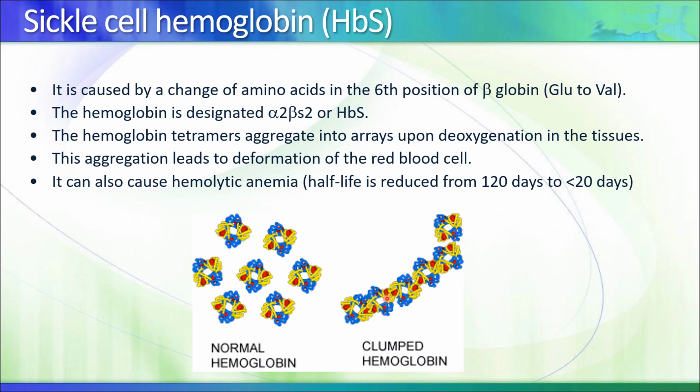They aggregate, forming sort of a chain of molecules. This hemoglobin molecule is deficient in binding oxygen, and it would destabilize the red blood cell as a whole, reducing its half-life from 120 days to less than 20 days.